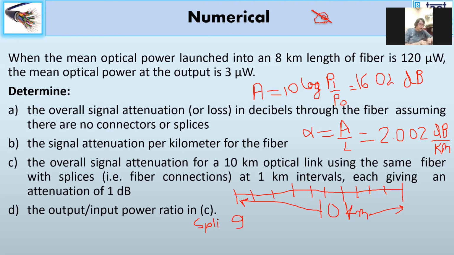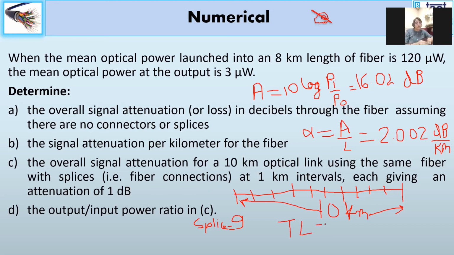Now tell me how much is the total loss? Number of splices is 9. What is the total loss for 10 kilometers? The loss per kilometer is 2.002 dB per kilometer because the same fiber is being used. Along with that, we have splices. Each splice gives you 1 dB of attenuation. So what is your total loss?